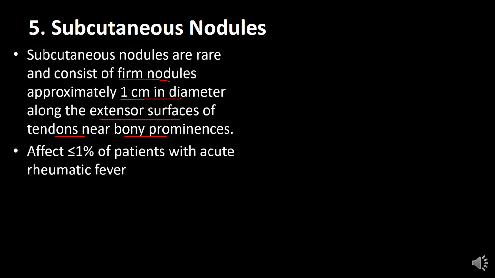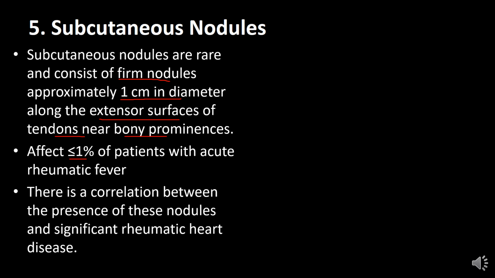Like I said, it's rare. Less than 1% of children who present with rheumatic fever will present with subcutaneous nodules. It has also been found that there is a great correlation between the presence of these nodules and significant rheumatic heart disease.